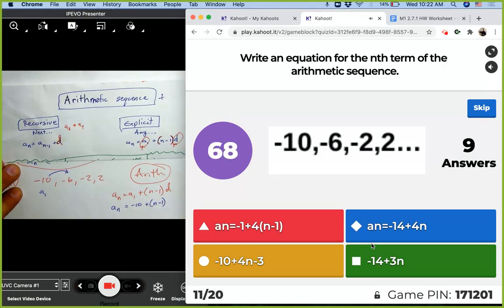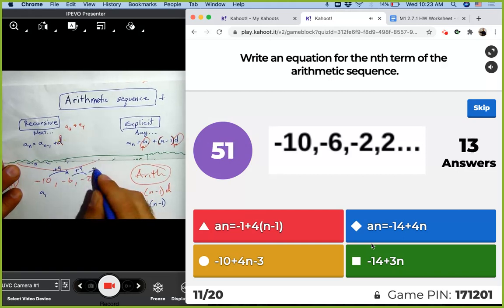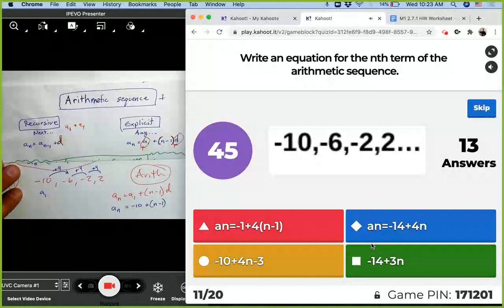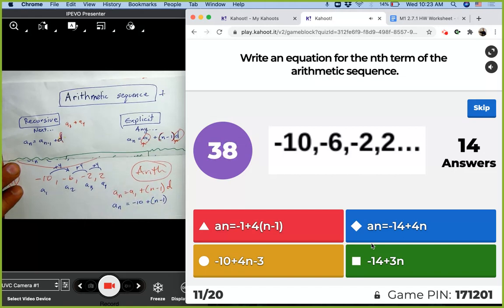What do you do to go from negative 10 to negative 6? Underwater 10 feet. You end up at negative 6 feet. How far up did you go? Plus 4. Plus 4. So I know that my d value is going to be 4.